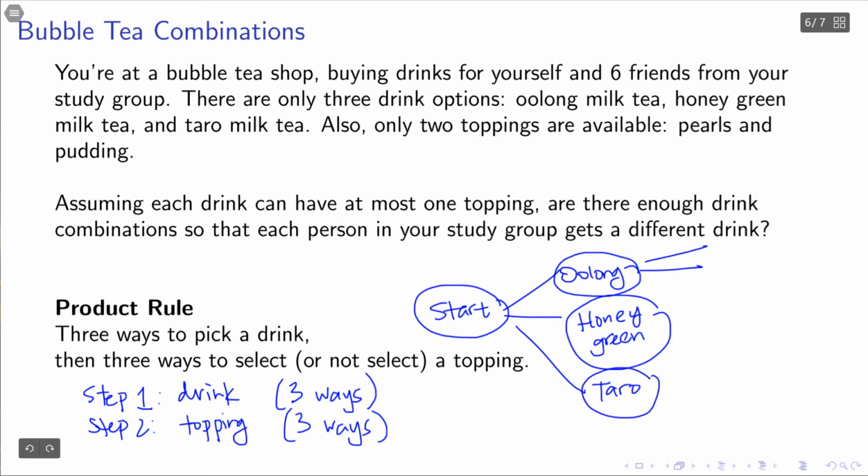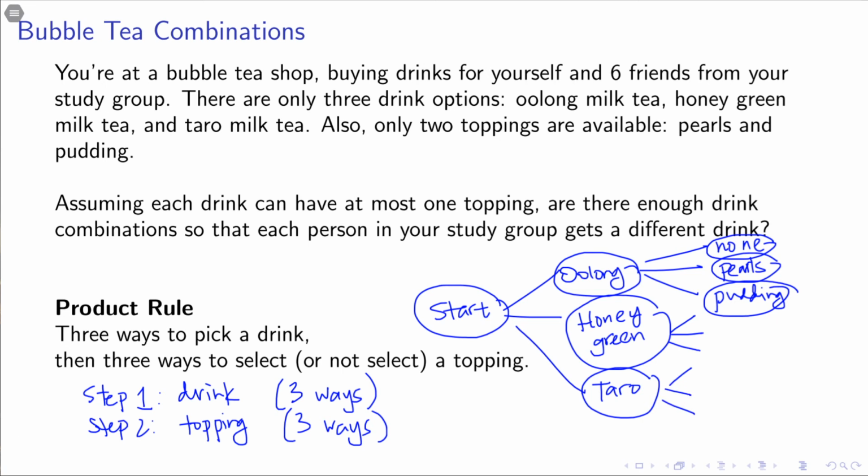And for each of these options, you can get no topping, you can get pearls, you can get pudding. 3 here and 3 here. And there are a total of 9 possible paths, from left to right. So 3 multiplied by 3 in the second level gives you 9. And that's the product rule.